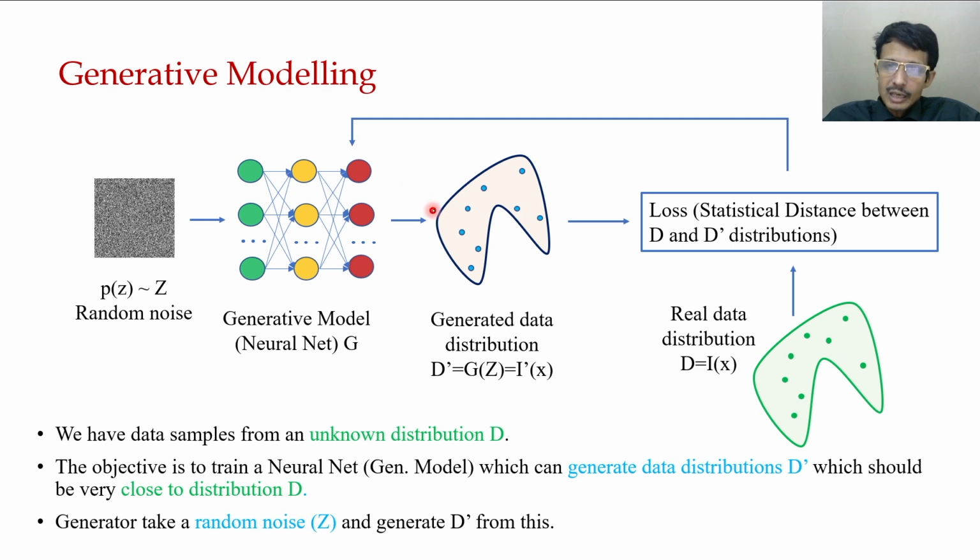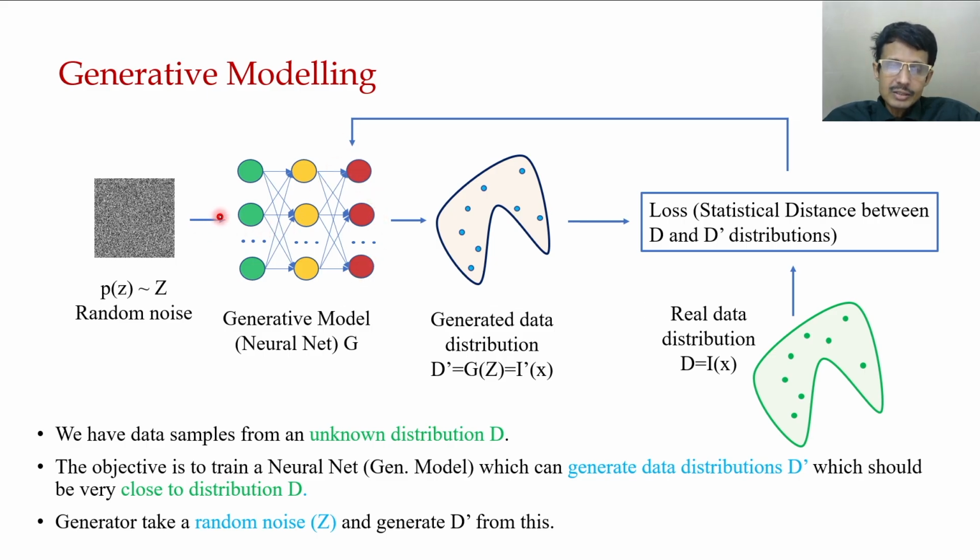So we start with a given real data distribution, let it be D. Our objective is to train a neural net. So what is the input to the neural net? That is interesting.